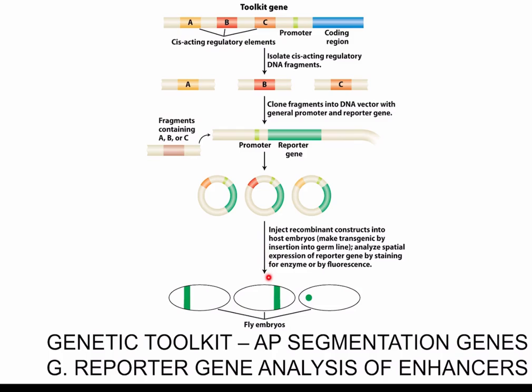This synthetic gene is introduced into embryos, and after several steps, you can carry out experiments to detect the RNA or protein expression from the reporter to know when and where a particular enhancer causes this reporter gene to be expressed.